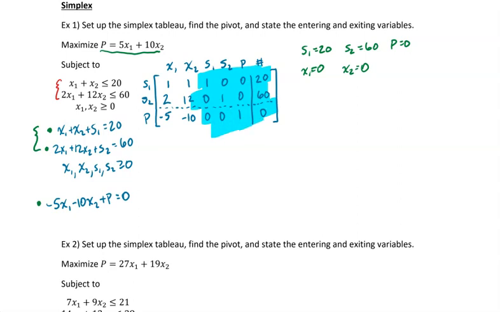We have the zeros above and below it. So that's pretty much already just like Gauss-Jordan. So we're not looking for a specific goal this time, where we're trying to make a 1 in the top left. We don't know where our 1 is going to be. That's what the pivot is going to be. Our pivot is figuring out which number needs to become a 1 next and have zeros above and below it.